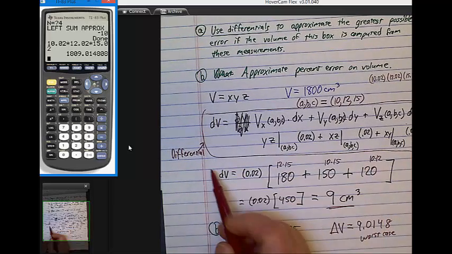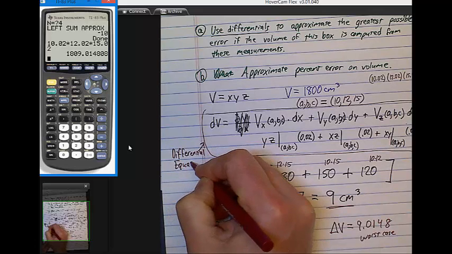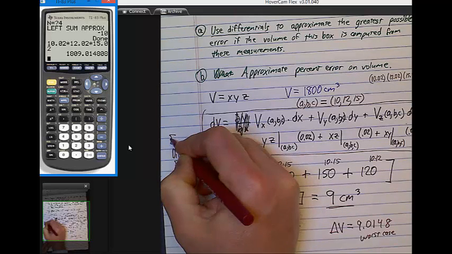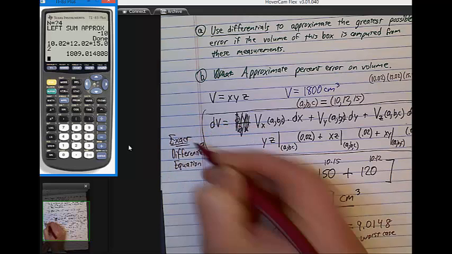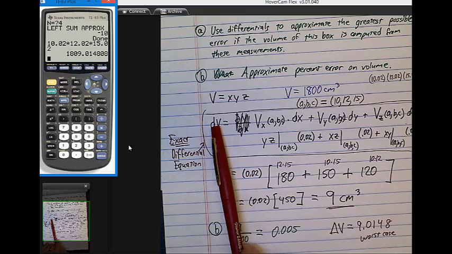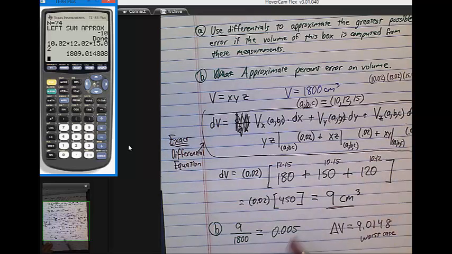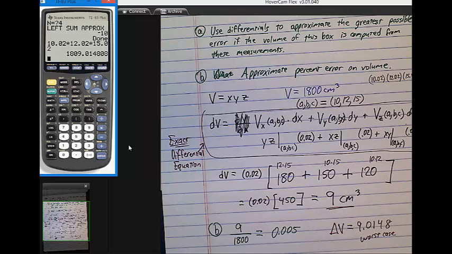So this is an example of what's called an exact differential equation, okay? Where you have a function of multivariables, it equals this. And this is something that gets studied in the future, and you'll say, oh yeah, we did differentials in Calc 3, I remember. So I just thought I'd point that out.